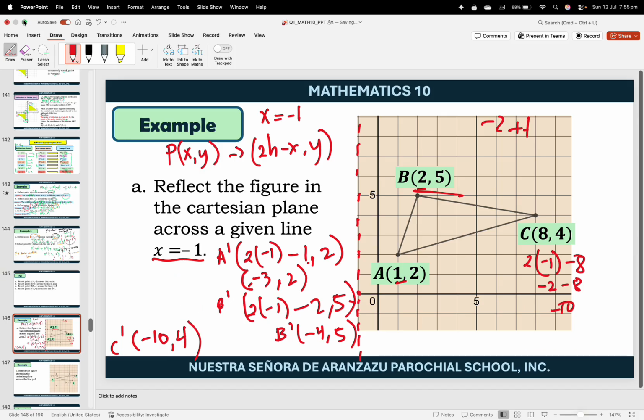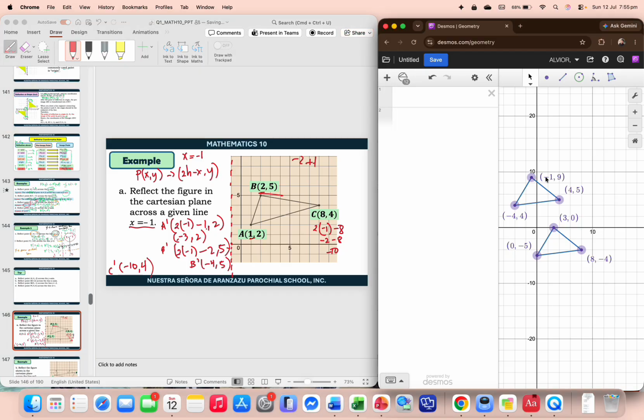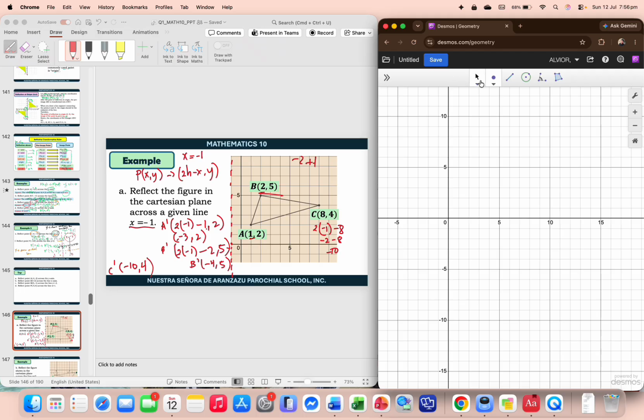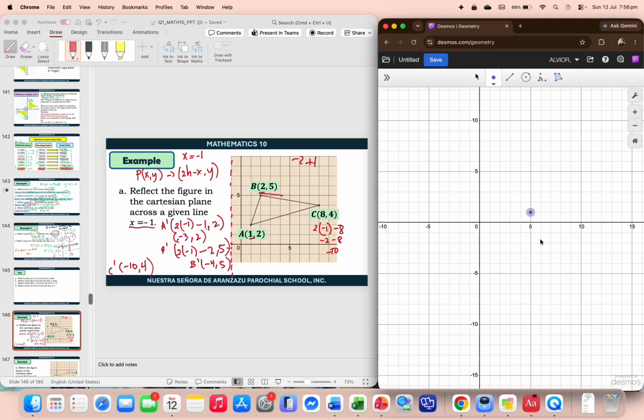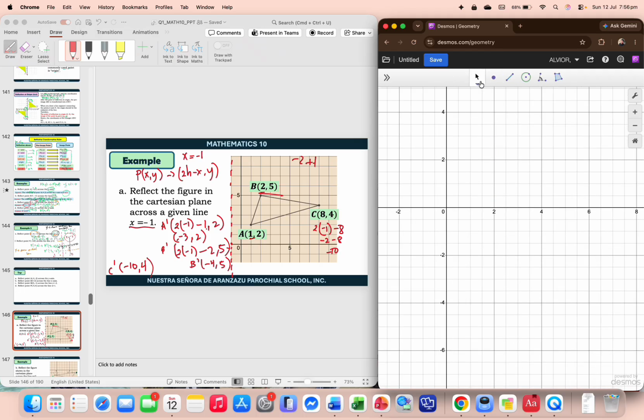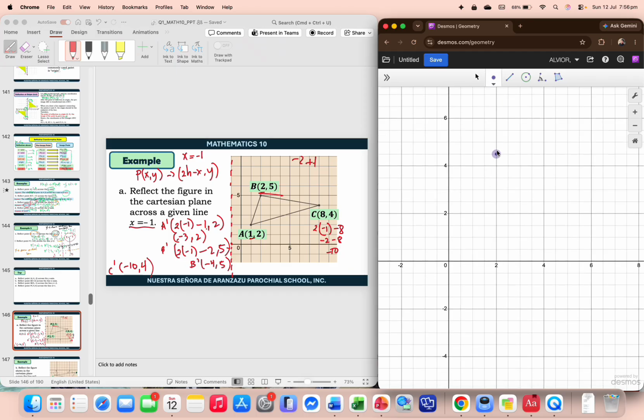So, if we're going to plot this on our Cartesian plane, okay, plot muna natin lahat. So, 2, 5, yan, dito yan. Then, 1, 2, then 8, 4. Ito yung given na figure natin.